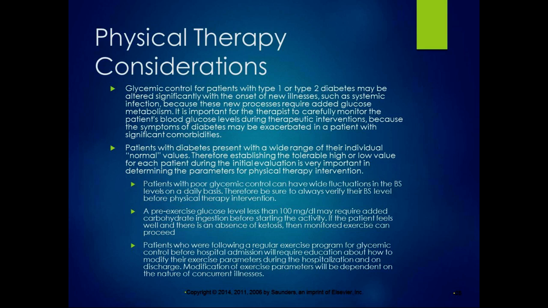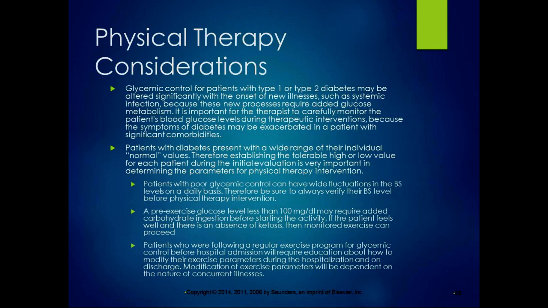So for physical therapy in general, and a lot of times in an inpatient setting is where this really comes into effect, glycemic control for patients with type 1 or type 2 can be altered significantly with the onset of new illnesses, particularly systemic infections, because new processes in the body require added glucose metabolism.